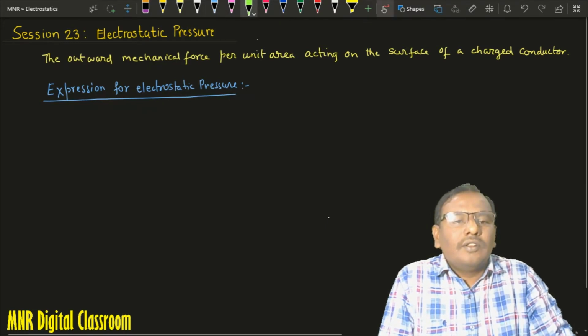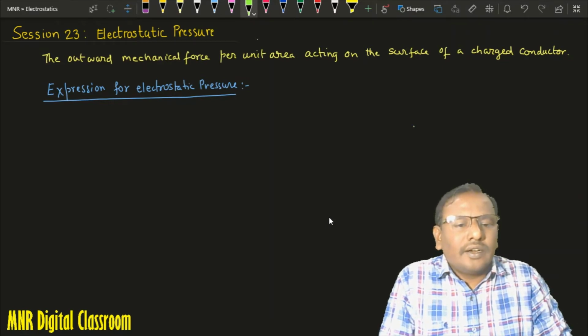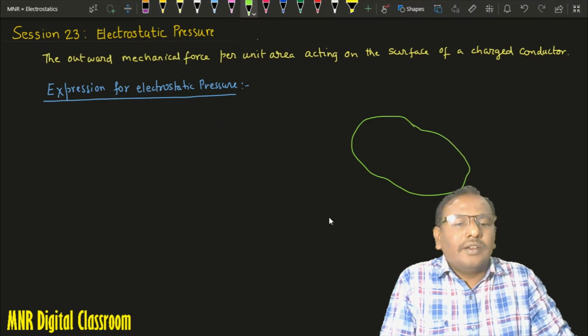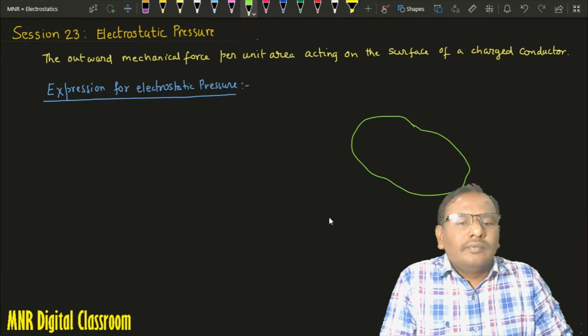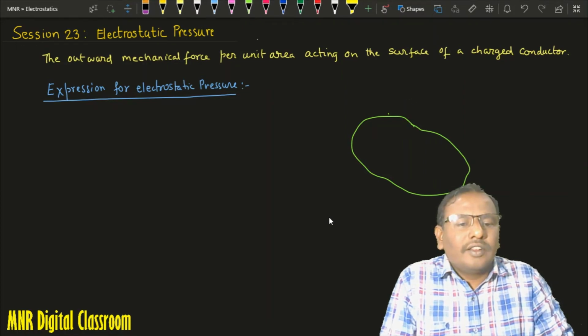To derive the expression, first let us consider a charged conductor, say of any arbitrary shape. Let Q be the charge given to this conductor.